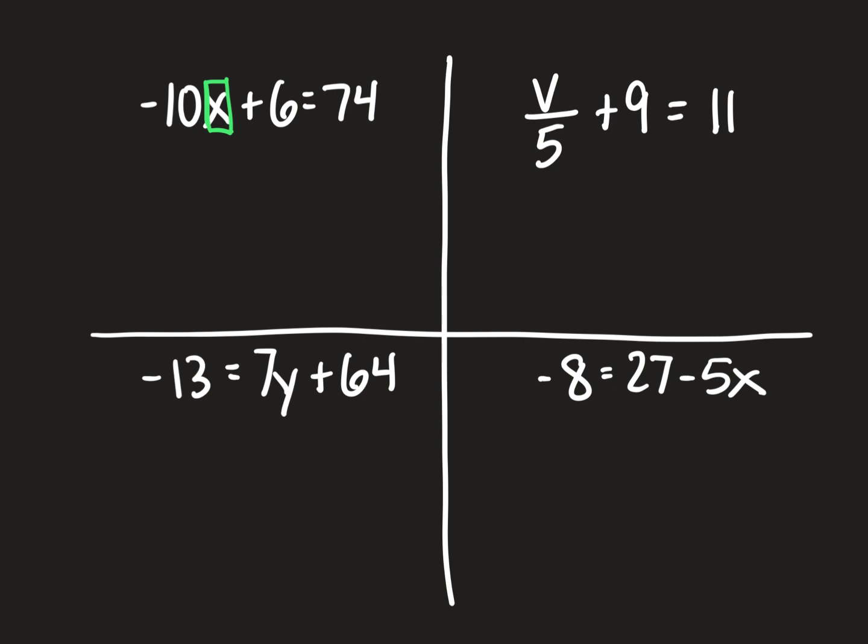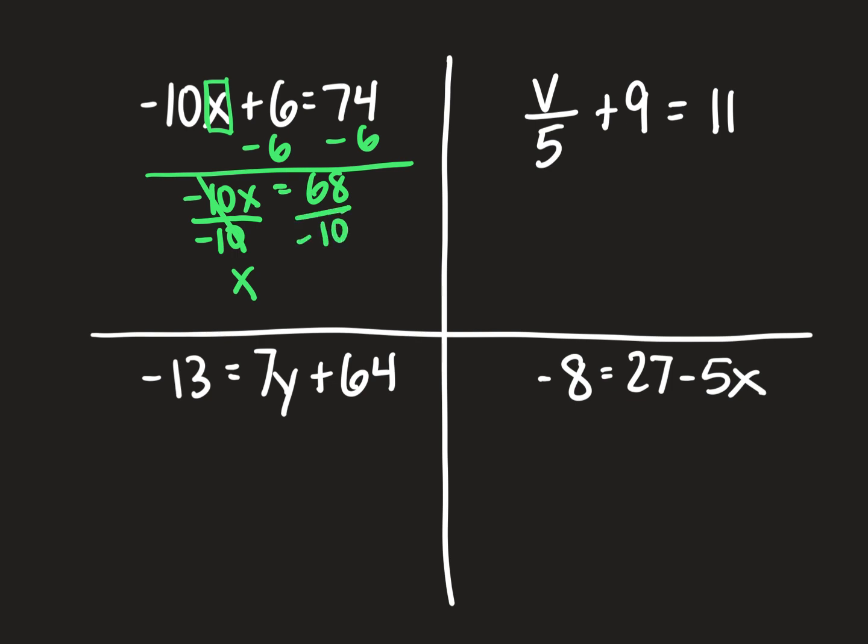So in this first example, the constant is 6, so if I subtract 6 from both sides, I'm left with negative 10x equals 68. The next step is to either multiply or divide by a coefficient. The coefficient of x is negative 10, so if I divide by negative 10, I'm left with x isolated.